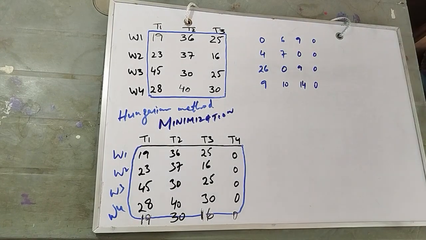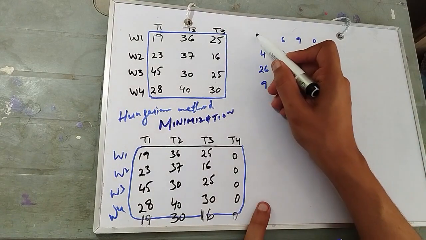So you see, this is the matrix we have got after row and column reduction.